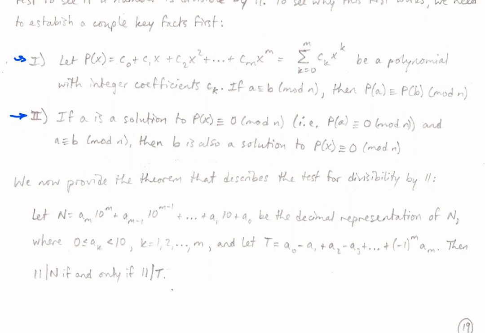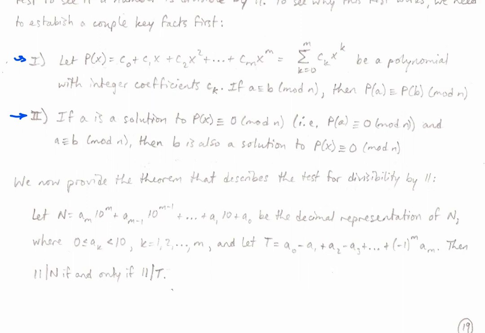Let capital T be a sub 0 minus a sub 1 plus a sub 2 minus a sub 3, and so on, up to negative 1 raised to the power m times a sub m. This is the alternating sum, but the first number in the sum is the digit in your ones place.